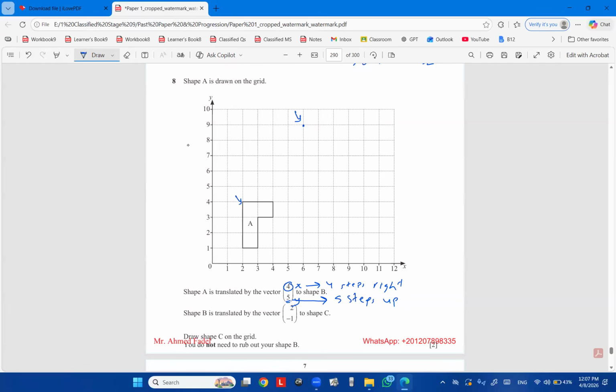Then just copy the shape. So I'm going to get a straight line. Here we go. I'm going to move here 2 steps exactly. Use a pencil and a ruler. You must use a pencil here, not really accurate.